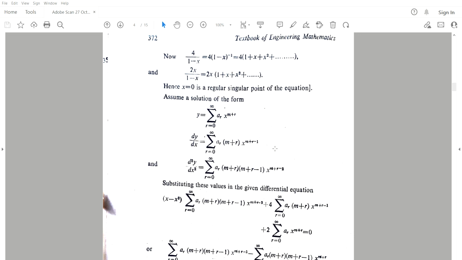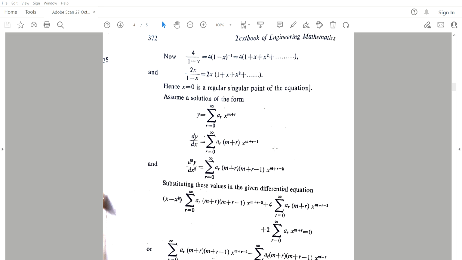Now, they have calculated that x is equal to 0 is a regular singular point. Now, what will be the solution? Let the solution be y is equal to summation a_r x to the power m plus r. Then we calculate y dashed and y double dashed.